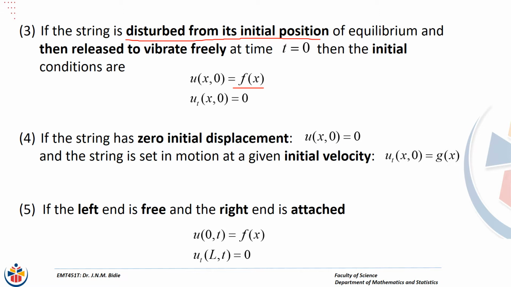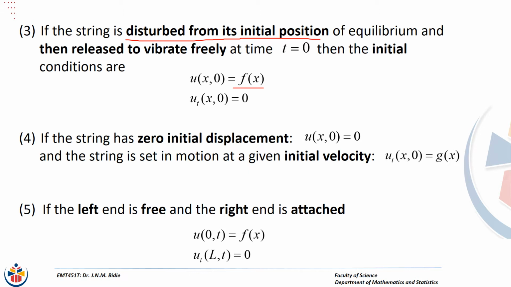That means at time t equal to 0, something happened. So we have initial displacement not equal to 0 because initially there is movement. We look at the string when there is movement at the initial position.